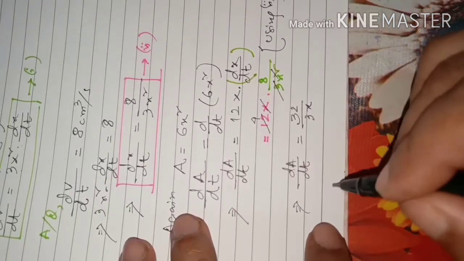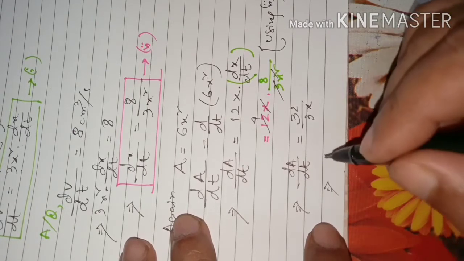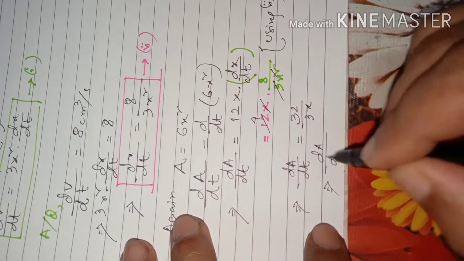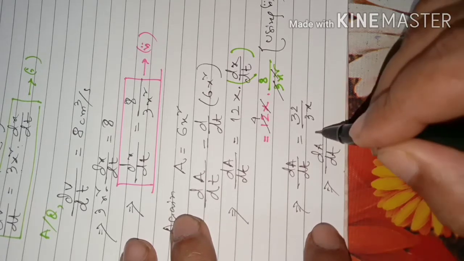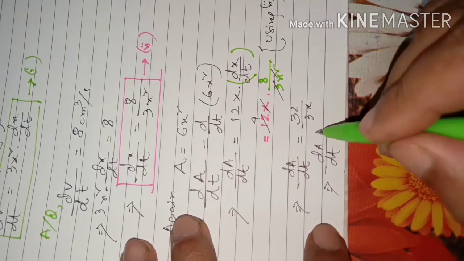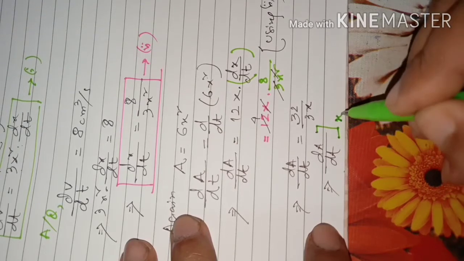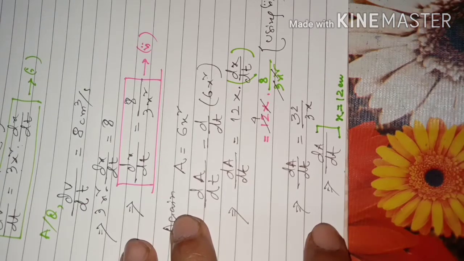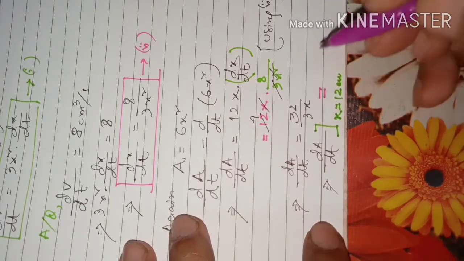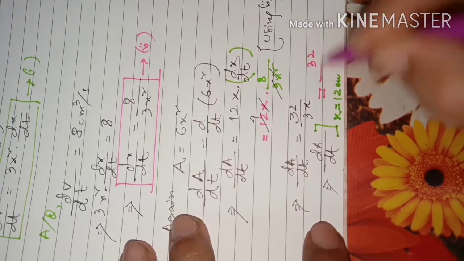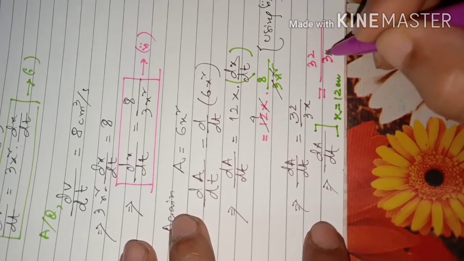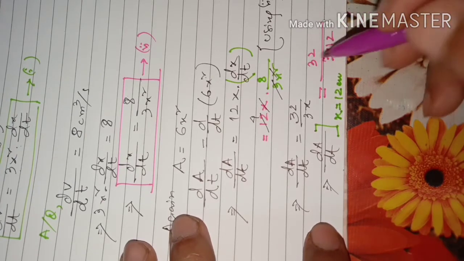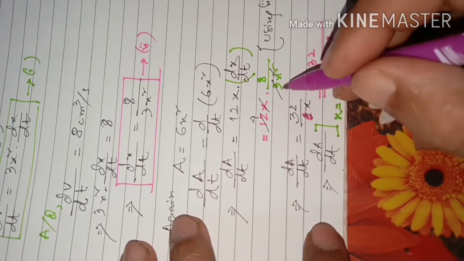This we will write like this: dA by dt at x equal to 12 centimeter. That time the rate of change of surface area is equal to 32 by 3 into 12. Oh, sorry, this 3 is no more there because only x was cancelled.